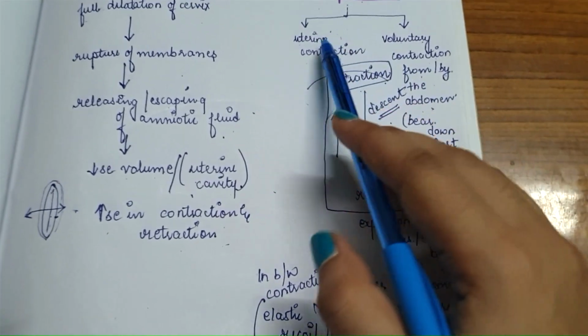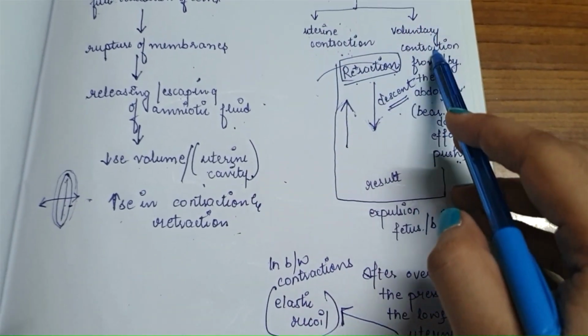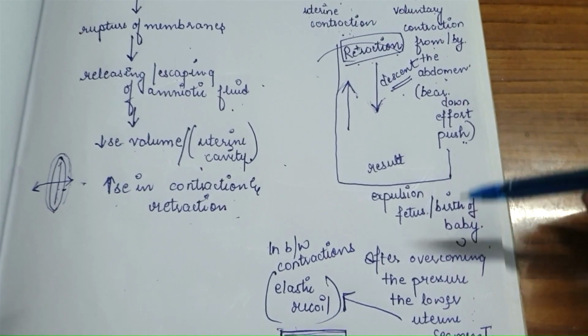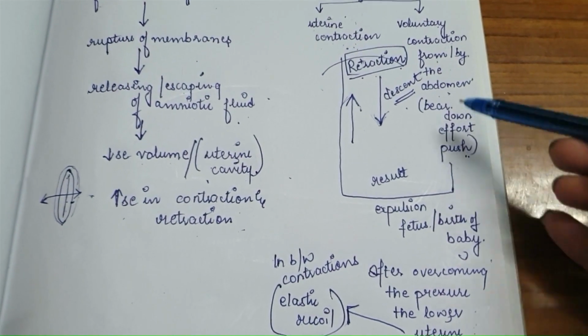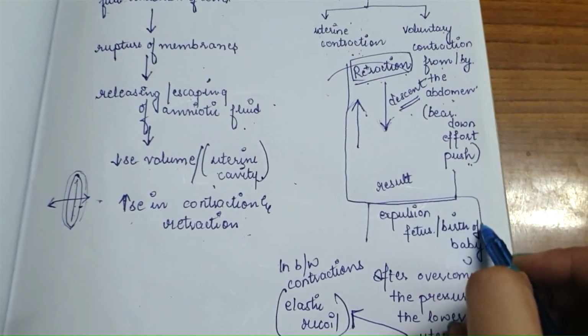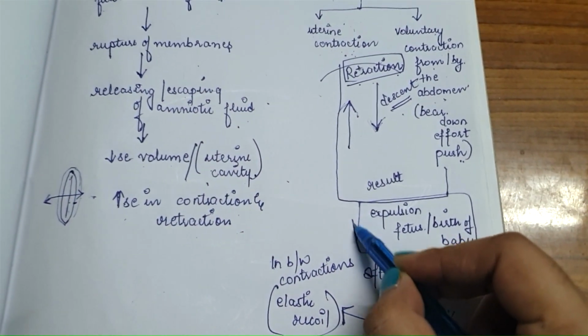So when there are uterine contractions and voluntary contractions which overcome the pressure exerted by the lower uterine segment, it results in the expulsion, or the birth, of the baby.